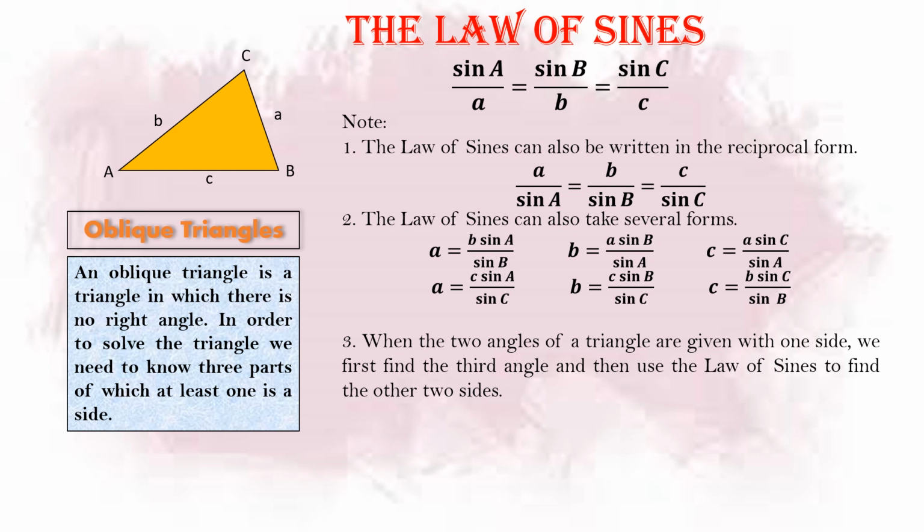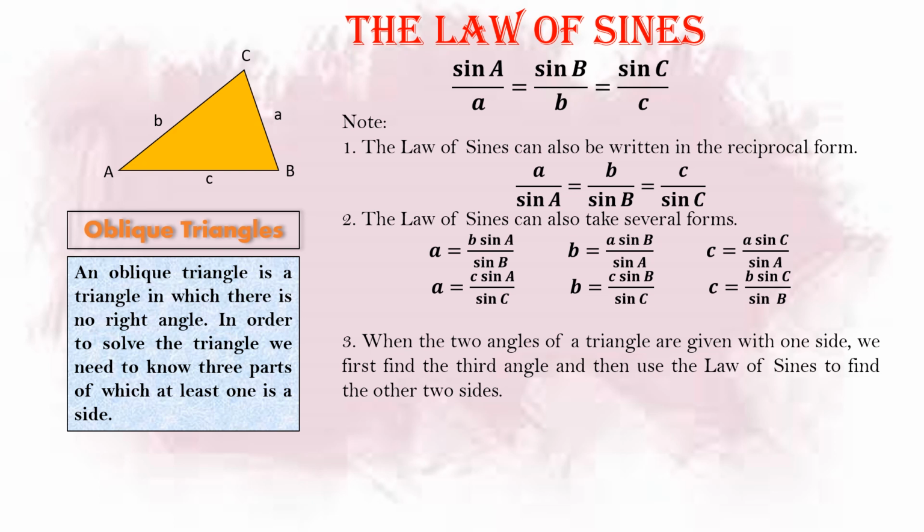When the two angles of a triangle are given with one side, we first find the third angle and then use the law of sines to find the other two sides. So, in number 3, kapag meron tayong dalawang angles na given in a triangle, and the unknown is the third angle, you need to find first the third angle before kayo mag-move doon sa other two sides.